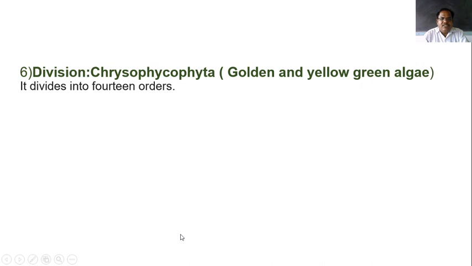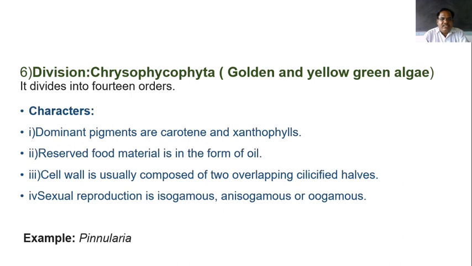Then the sixth division is the Chrysophycophyta, that is golden and yellow green algae. It is divided into 14 orders, and the dominant pigments are carotene and xanthophyll. These are the dominant color pigments found in the Chrysophycophyta, and the reserve food material is in the form of oil. The cell wall is usually composed of two overlapping silicified walls.